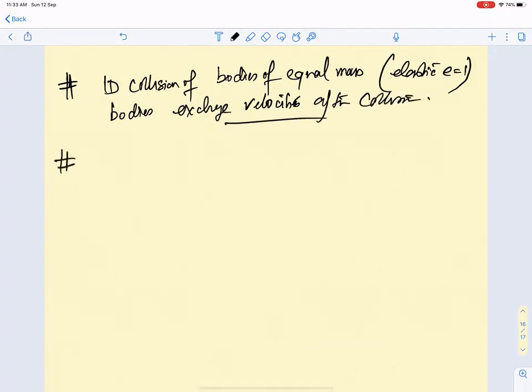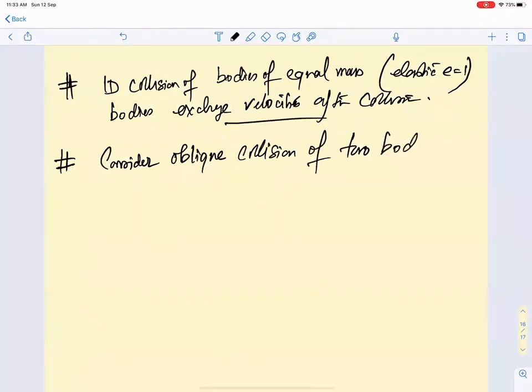Now, in 2D collision, there will be a problem like this. Consider oblique collision, that means 2D collision. Consider perfectly elastic oblique collision of two bodies of same mass.